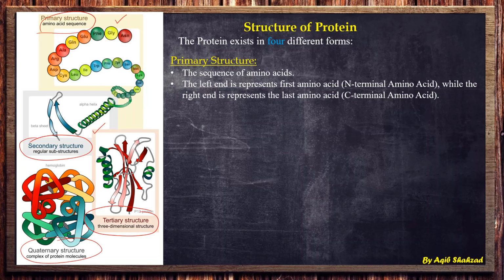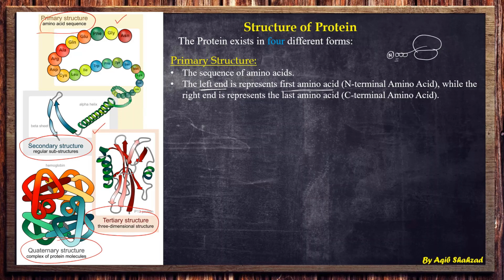On the left end of it, we have the first amino acid. Once these amino acids are coming out of the ribosome, we have the first amino acid, then the second, then the third. This first amino acid has the amino terminus on this side.